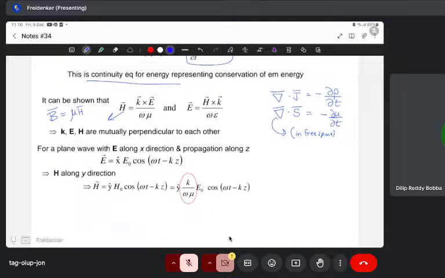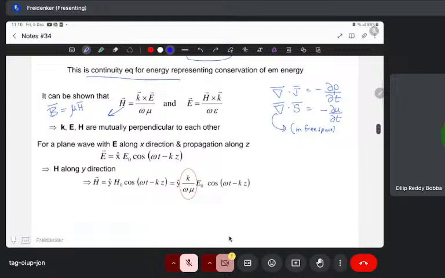And K is the wave vector, parallel to the direction of propagation and perpendicular to both B and E. I can just write it like this. B bar is K bar cross E bar by omega, because H bar into mu is nothing but B bar. But they want mu to be in the denominator because epsilon is in the denominator as well. That's why they wrote it in terms of H bar. That is fine.